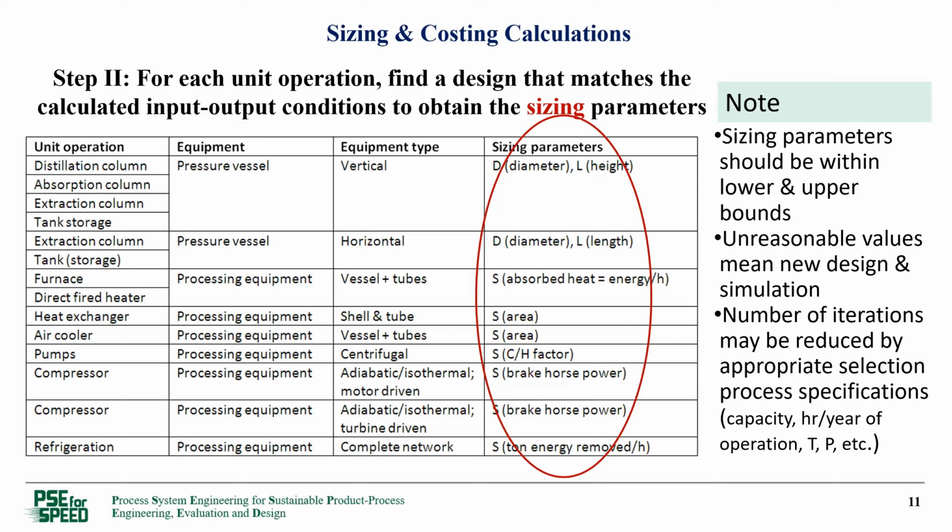Also, as we know, the synthesis design is an iterative procedure, but we want to avoid as many iterations as possible. So choices of capacity, that is the production rate, what are the hours per year of operation or days per year of operation?